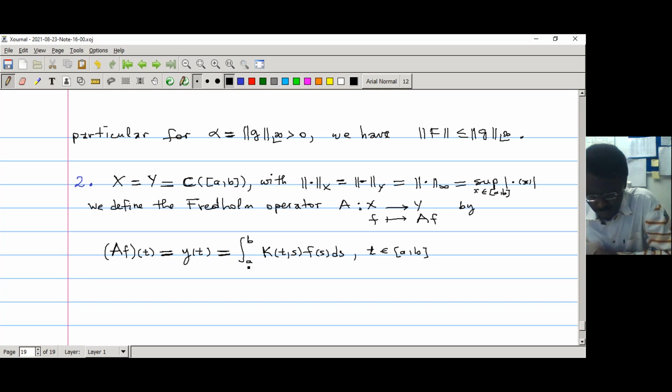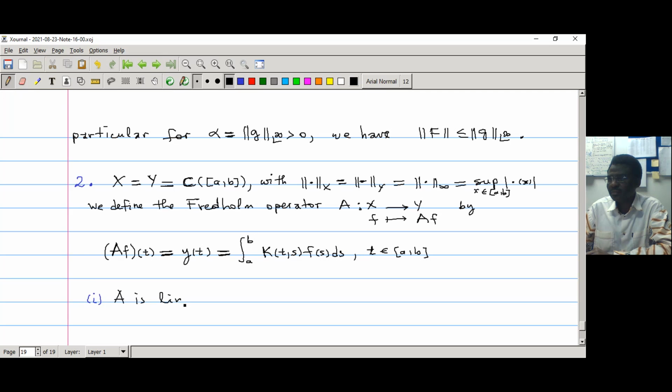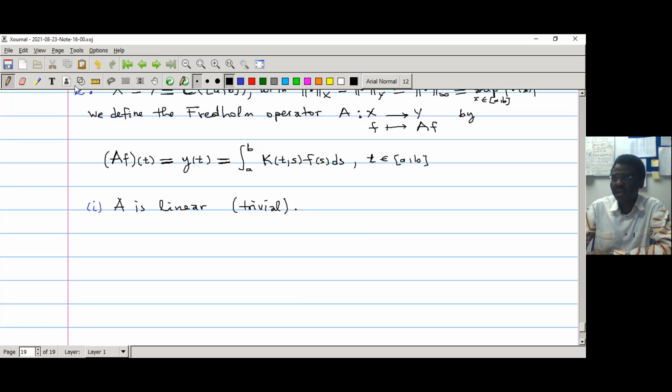I will not write it anyway. A is linear. Linearity is exactly the same way as what we did the other time. I will just say A is linear. This is trivial, similar to what we did above. I will not repeat that. And it's bounded.